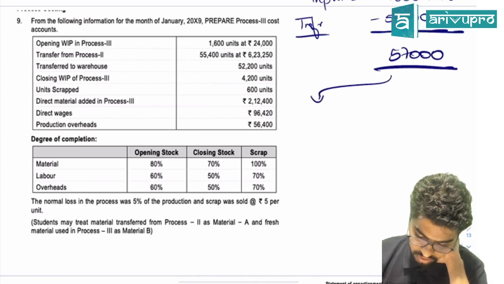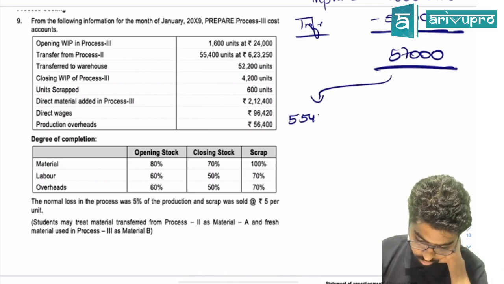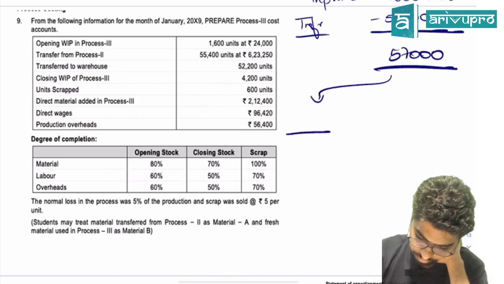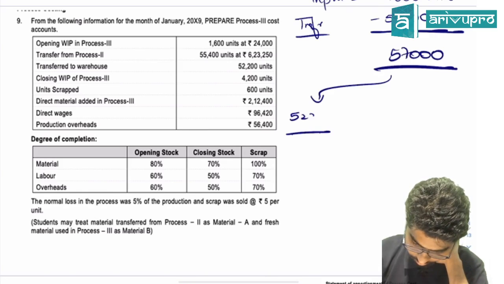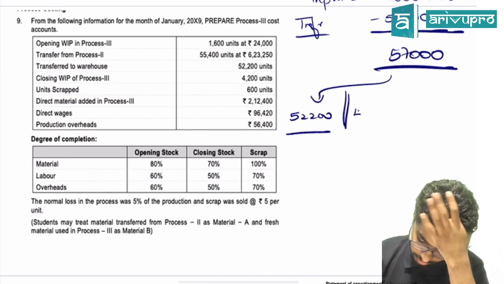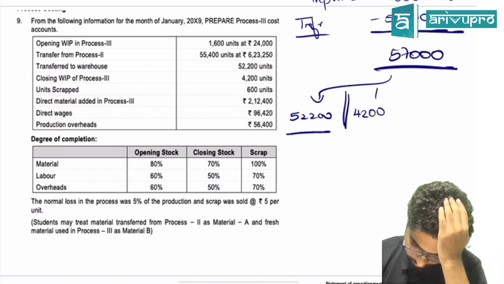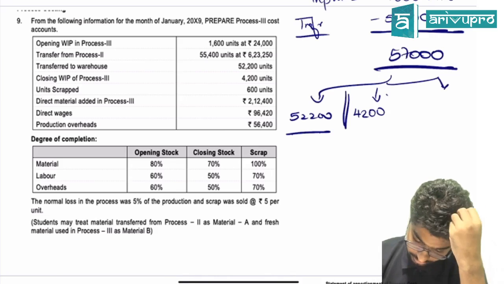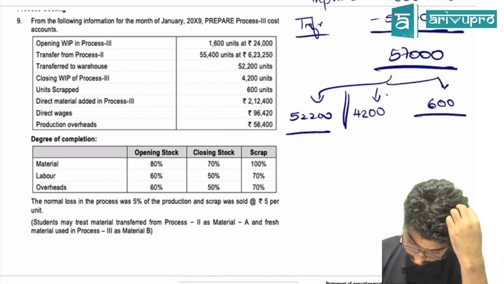So they have transferred to warehouse 55,400. Closing WIP 4,200. Units scrapped 600.